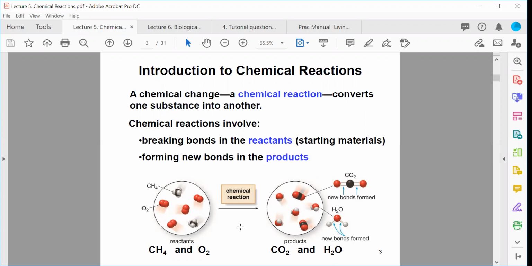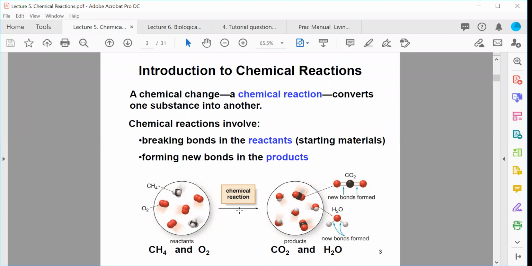So let's look at a good example here of a chemical reaction, and this one is between CH4, which is methane, and oxygen O2. They are represented here. So here's one molecule of CH4 in black and white, and one molecule of oxygen O2 in red.